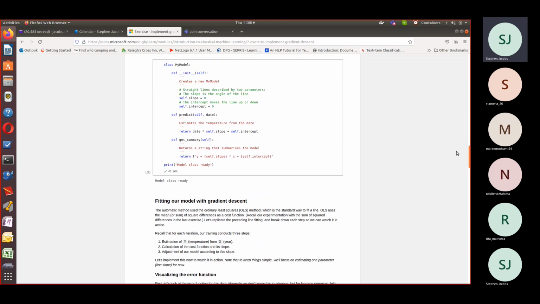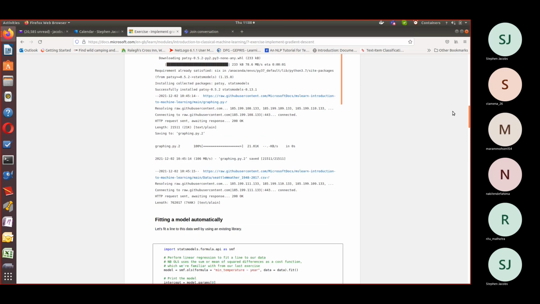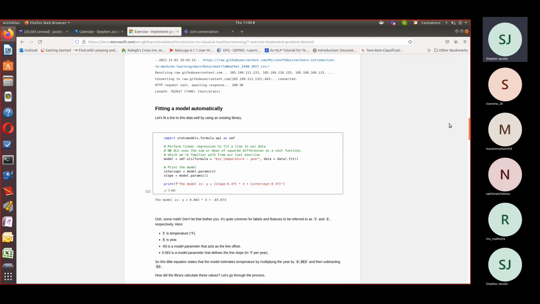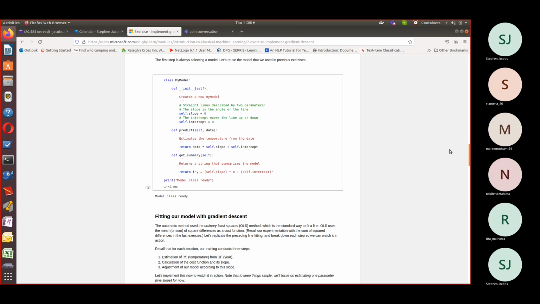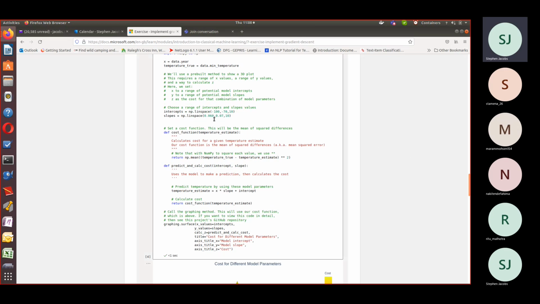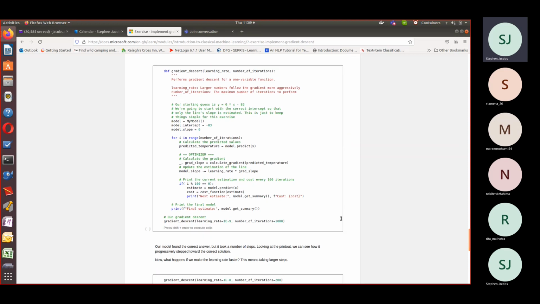I'm looking for the range we put in for the slope formula. Ah, there we go. So our range is 100 to minus 70, and that kind of figures with a starting point here of minus 83.